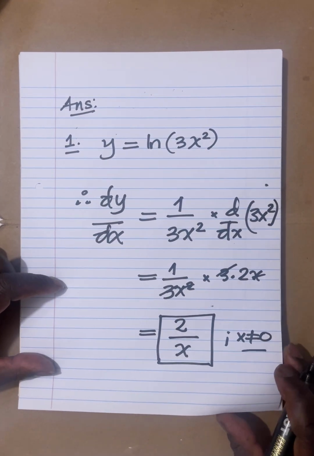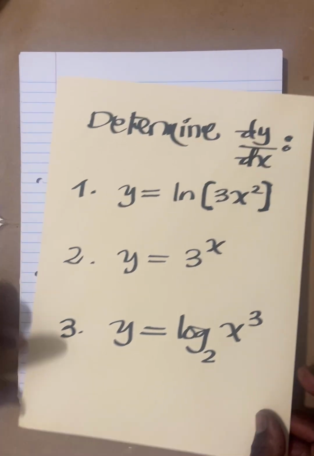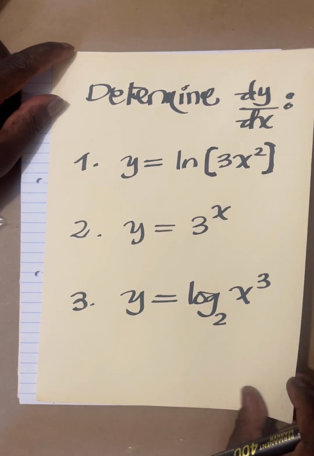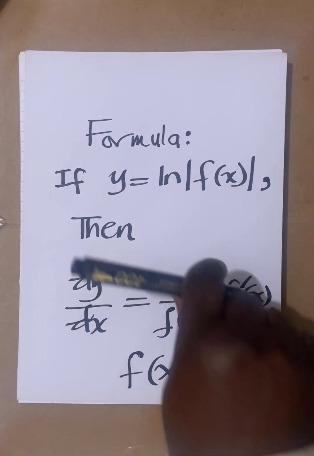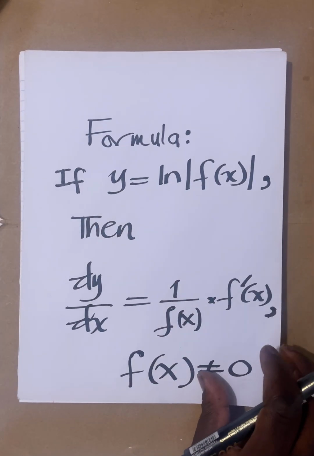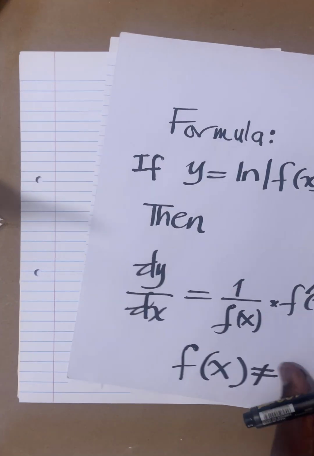Right. Question number 2, we have y equals 3 power x. And like I told you, in this formula here, we have to convert the exponential function to the natural log function. And I'm going to demonstrate how you do that.